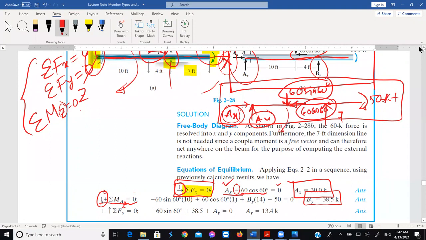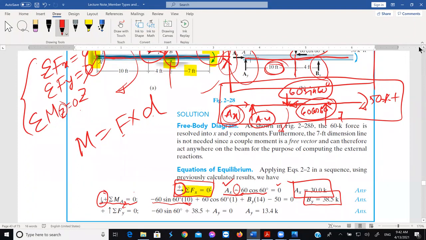That means it will be negative, and as we know, moment is equal to force times perpendicular distance from the point we are taking the moment about. As you can see, the perpendicular distance from point A to the vertical component of this force is 10 feet. That's why they are multiplying it with 10.